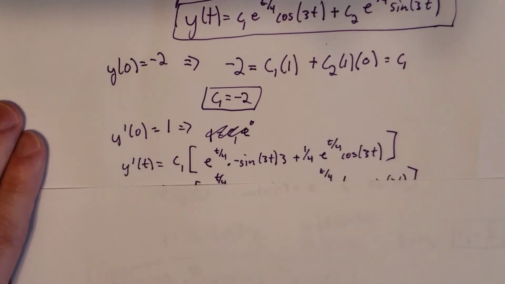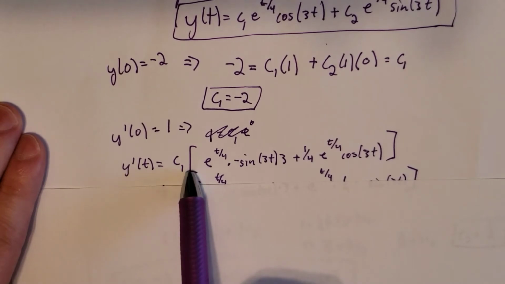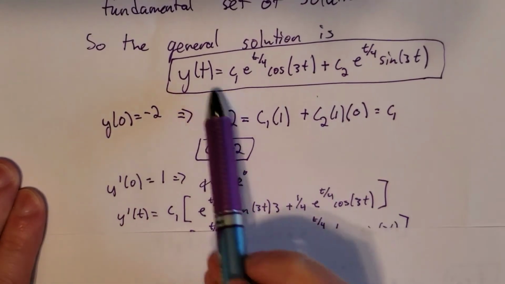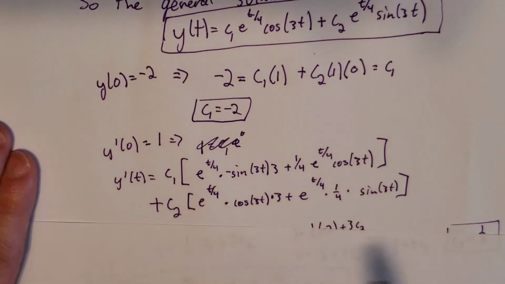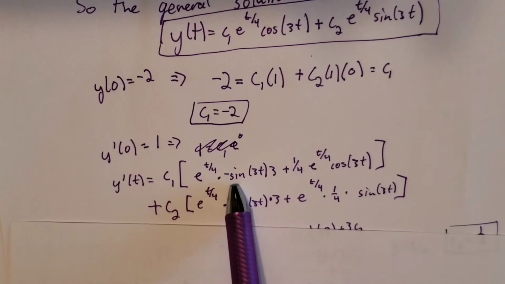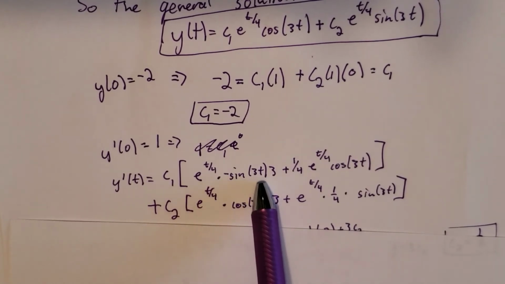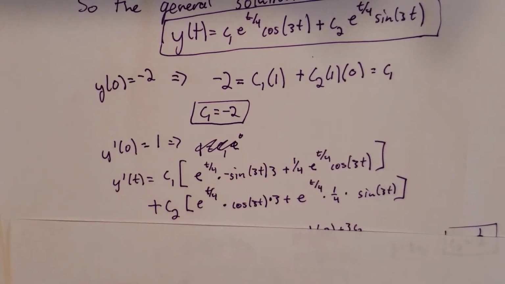Well, to do that, we need to first calculate y prime of t, which we do here, right? Our general solution was y of t, so we just calculate y prime, and we get c1 times e to the t over 4 times negative sine of 3t times 3 plus 1/4 e to the t over 4 cosine of 3t.